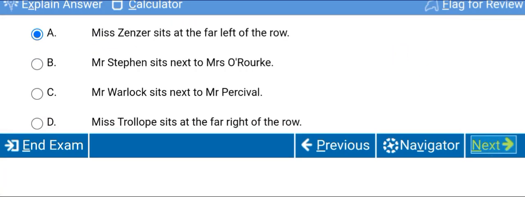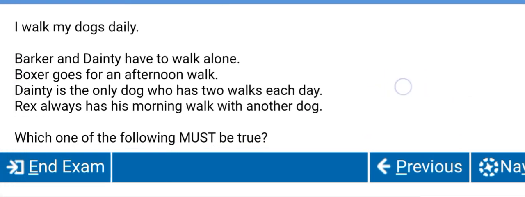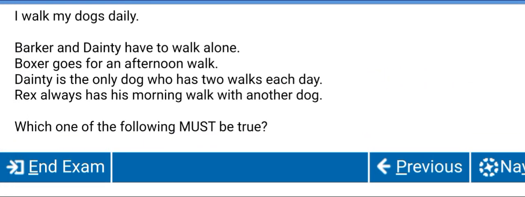Okay, now the next question we have is that I walk my dogs daily. Barker and Dainty have to walk alone. Boxer goes for an afternoon walk. Dainty is the only dog who has 2 walks each day.